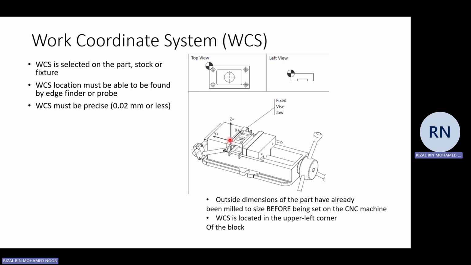And we can use an edge finder or probing. In our lab we use a probing or 3D system to determine the X, Y, and Z system. So in common practice, we position the WCS, work coordinate system, at the vertex or edge of your stock or model.